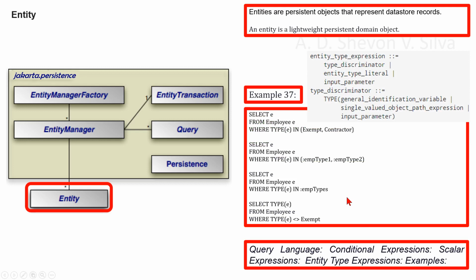Now we are considering entity type expressions and scalar expressions in conditional expressions in the query language. You can see the examples. An entity type expression can be used to restrict query polymorphism. The type operator returns the exact type of the argument. The syntax of the type expression is as follows.